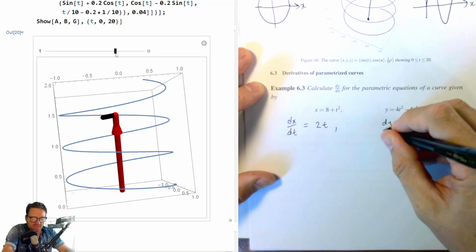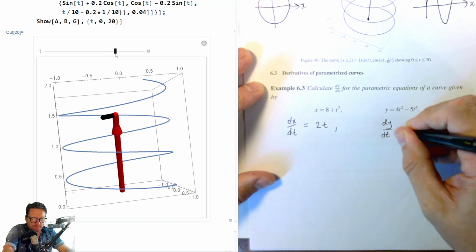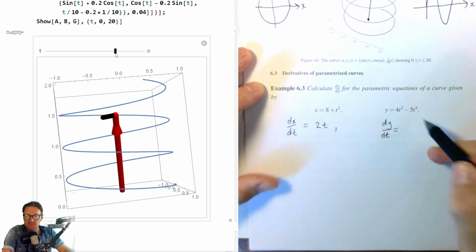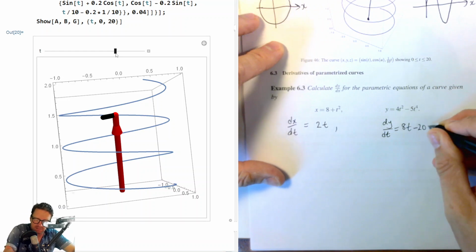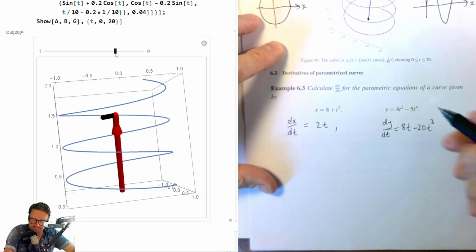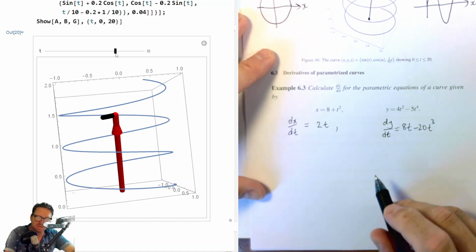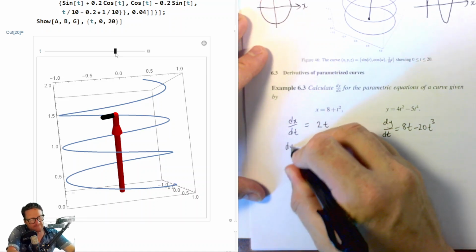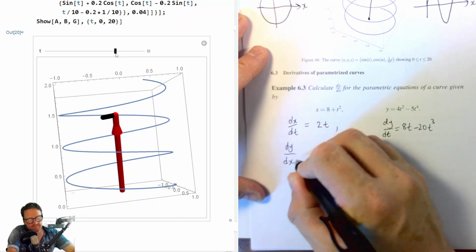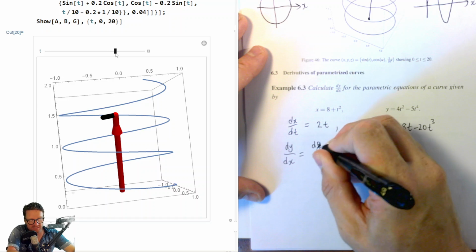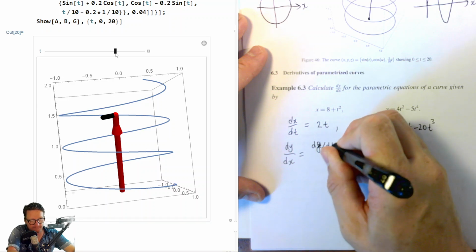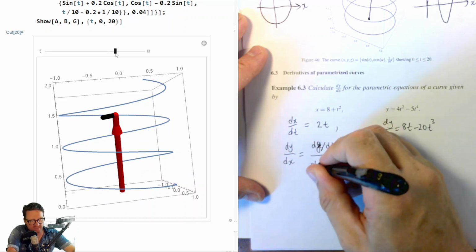And then dy on dt, well, differentiating this with respect to t, we have 8t minus 20t cubed. Okay, so now dy on dx is dy on dt over dx on dt.